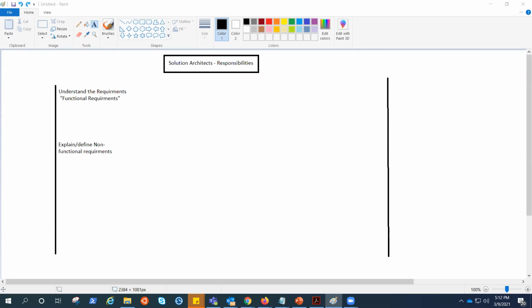Non-functional requirements include critical aspects of the system, such as performance, latency, scalability, high availability, right? So this is something that you bring into the picture. You need to talk about these things to the customer so that they can come to the right decision before you go and design your solution.